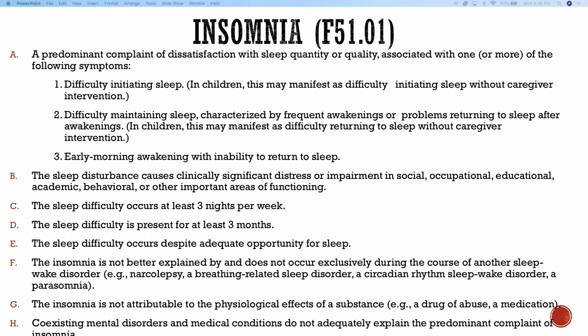Now, I want to give you all sort of a look as I'm going through the slides. I'm going to put the criteria up so you all see. Whenever we're diagnosing an individual with any disorder, you want to make sure that they are meeting this criteria.